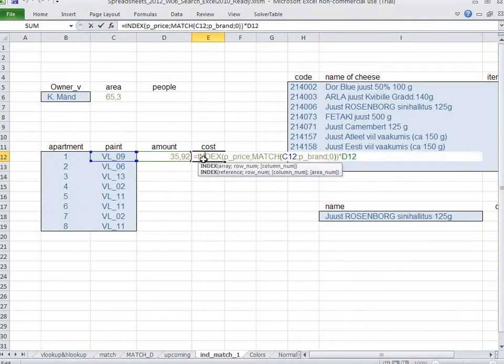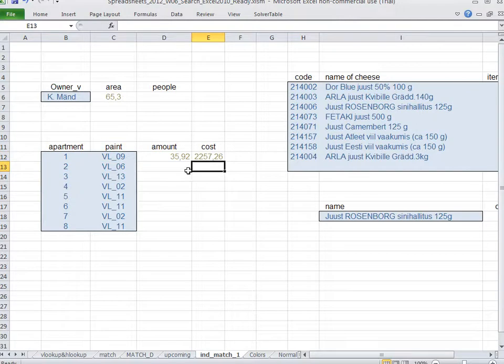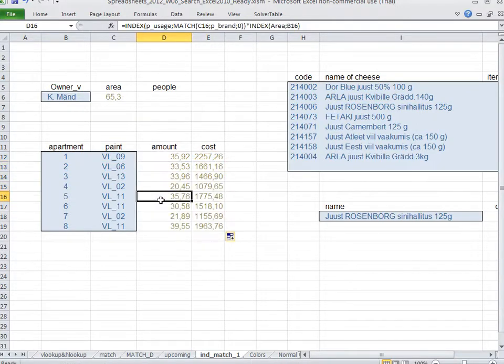Now we are going to take these two formulas and copy them, and here it is, we have the cost for all the apartments. This data validation can be turned on as well.